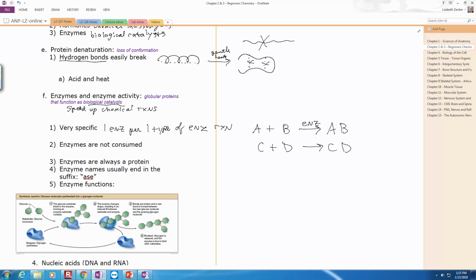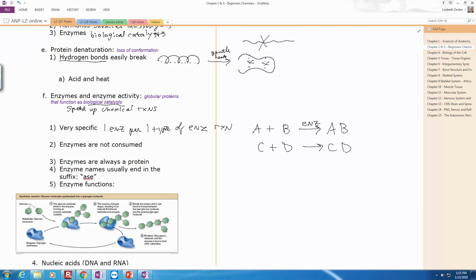That's it. Nothing else. It won't work for C, D, E, F, and so on through Z. It won't work for anybody else, only for those. So if you have an A, but you have a C, it still wouldn't work for that either. It will only work for the A and B together. And an enzyme that would work for C and D would be totally different. It won't work for A and B. So that's why we say one enzyme per one type of reaction.